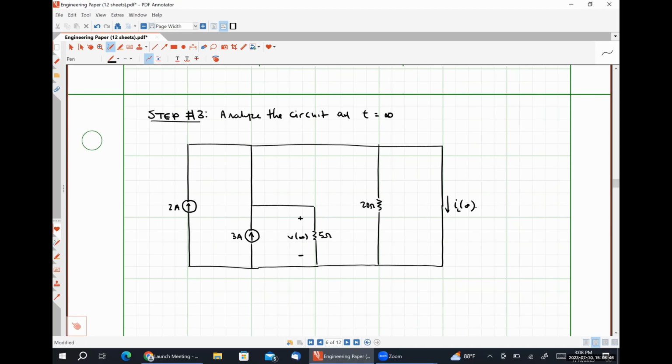And I'll tell you right from the jump, nodal and or mesh is not the easiest way. Could we do what we had before? It's at infinity.